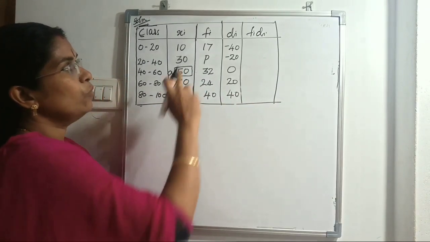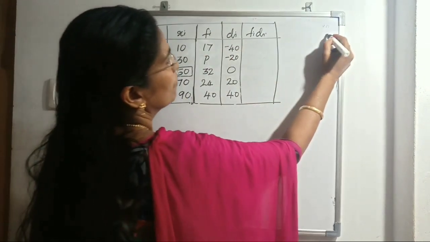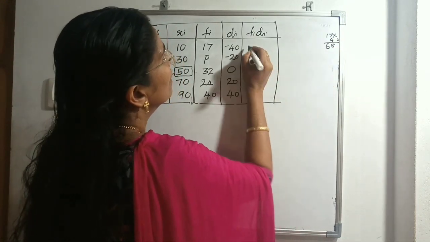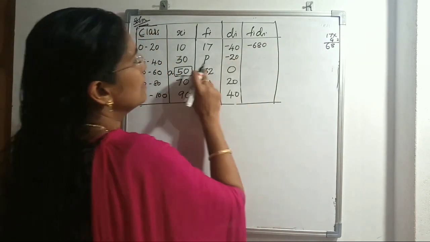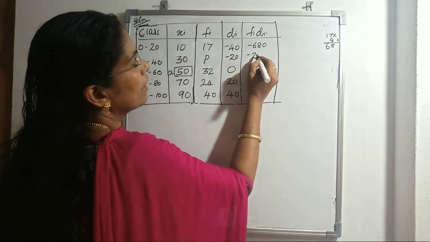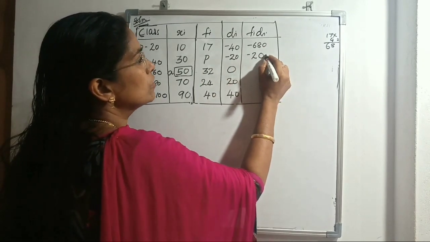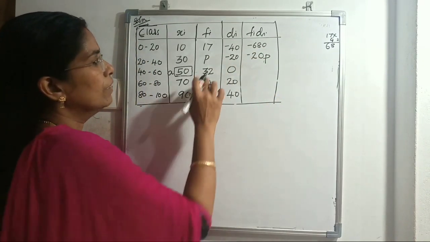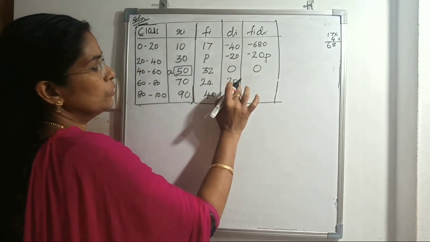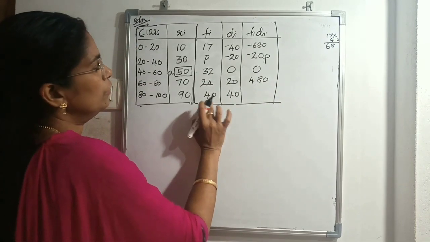Okay. Now next step is fi di. Multiply this. 17 into 40, that is 680, so minus 680. Here minus 20 into p, that we can write as minus 20p itself, as its value we don't know. 0 into 32 is 0 itself. 24 into 20 is 480. 19 into 40.